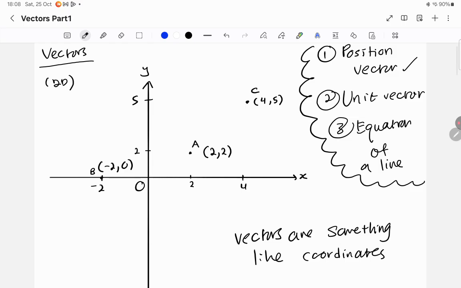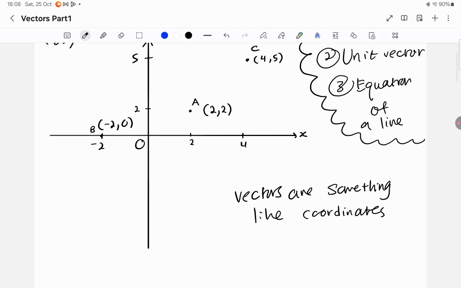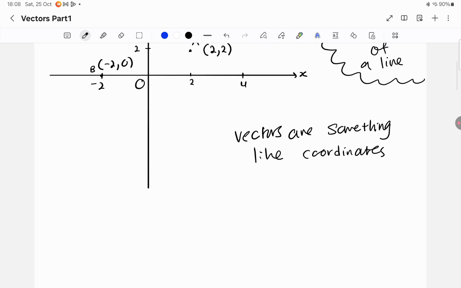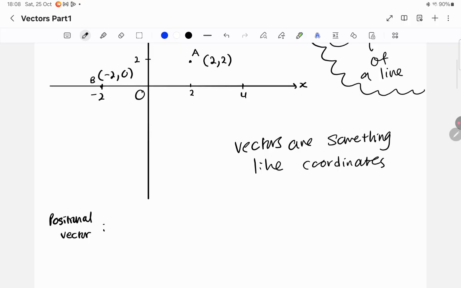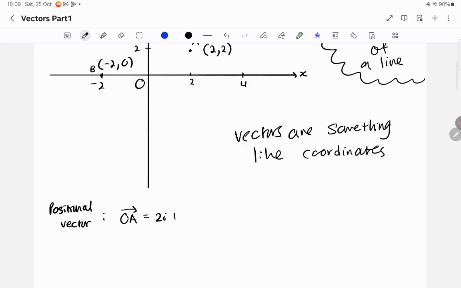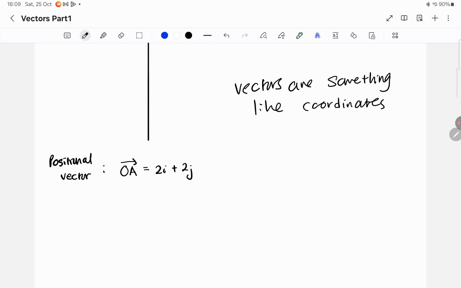So what's the big deal with vectors? How do we present this information in vectors? A position vector is basically like a coordinate, but in vector form. If you were to state the position vector for point A, you would write OA is equal to 2i plus 2j.